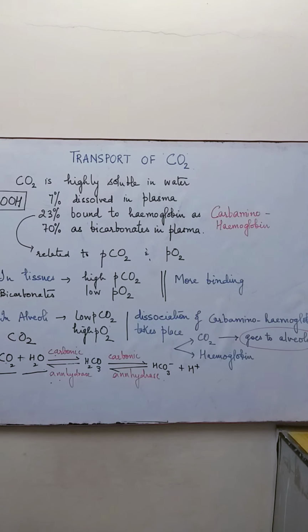It is estimated that about 100 ml of deoxygenated blood carries approximately 4 ml of carbon dioxide in the alveoli.